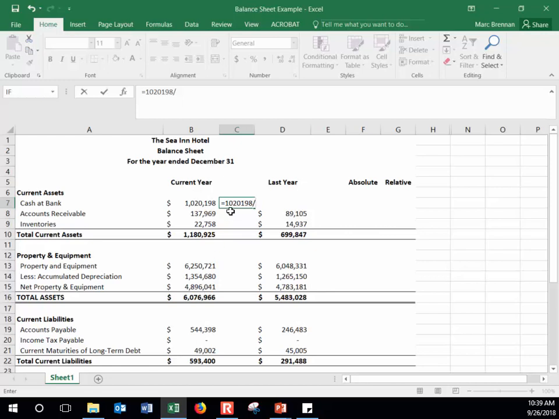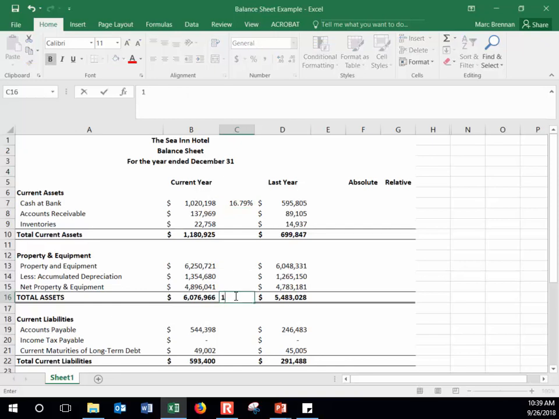So my 1 million divided by whatever my total assets are, $6,076,966. You would multiply that by 100 if you're doing it by hand. Since we're using Excel, we'll go percentage and always two decimal places. So that's how we would find out our cash at bank.